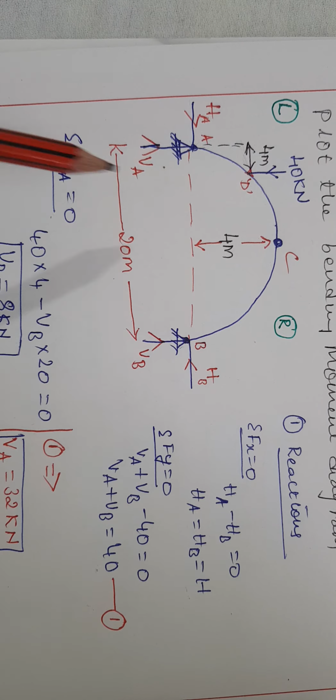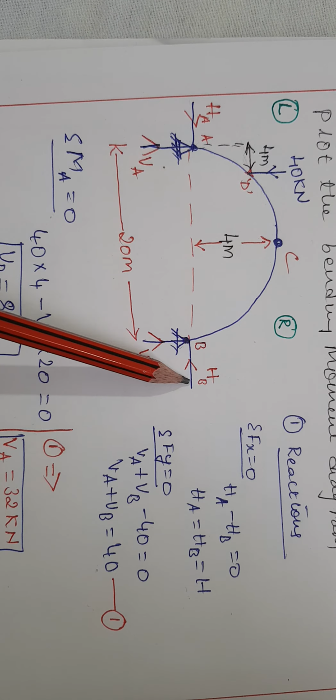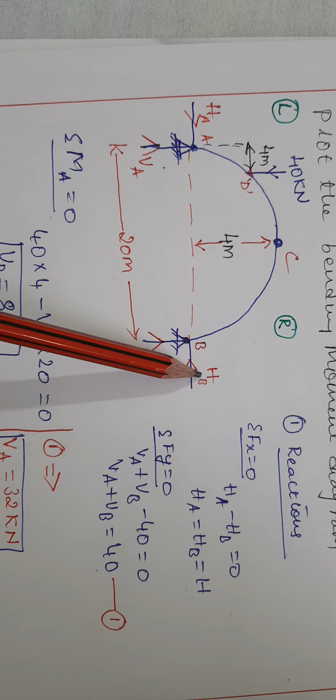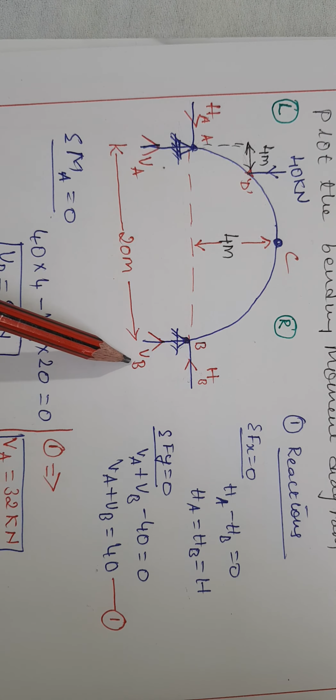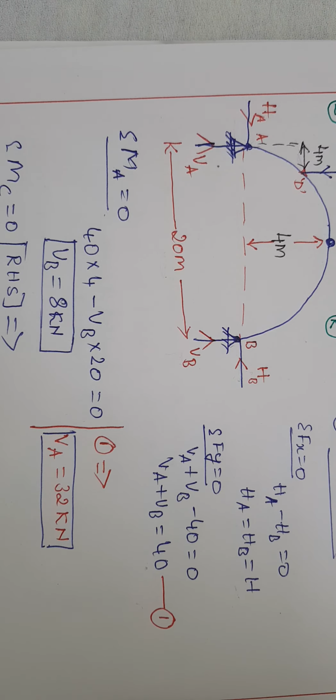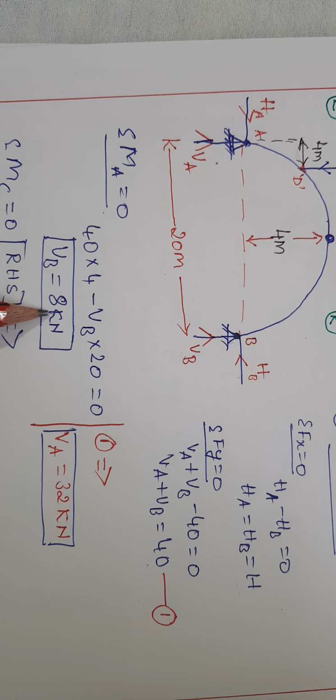It tends to rotate clockwise, positive. HB, the line of action meets point A, so it will become 0. We have only VB. It tends to rotate anti-clockwise and its perpendicular distance is 20. That is what I have written here. From that equation, we came to know the VB value is 8 kilonewton and the VA value is 32 kilonewton.